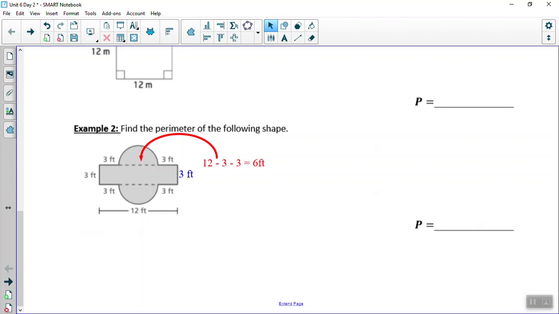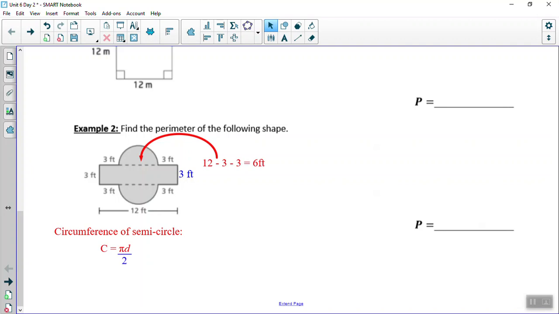Now, the outside of a circle we don't call a perimeter, we call it the circumference. To find the circumference of a semicircle, first we need the formula for the circumference of a full circle. The circumference of a circle is pi times diameter. Because it's only half of a circle, I'm going to divide that by 2.